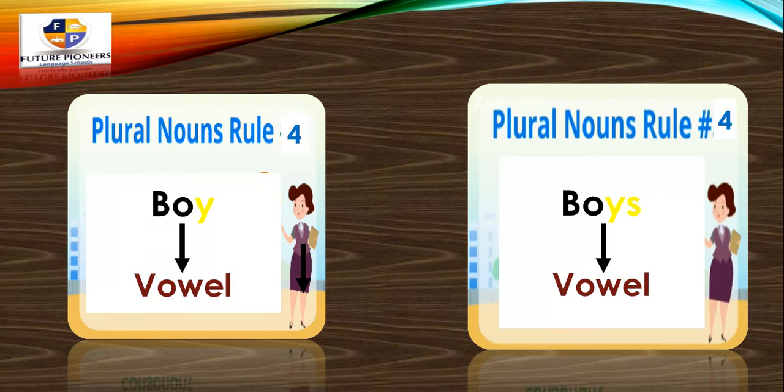Okay, again. If the word ends in y and the letter before the y is a consonant letter, you drop the y and add ies. But if the letter before the y is a vowel letter, we are not going to drop the y, we are just adding s. That's it.